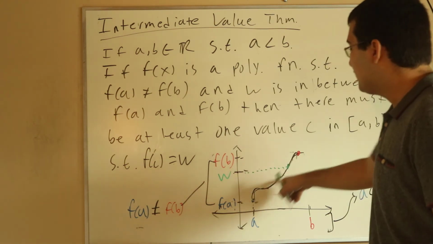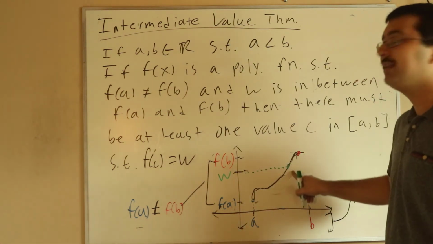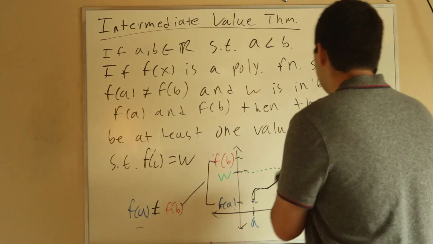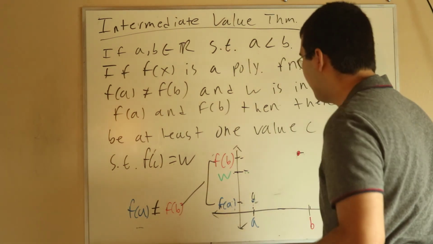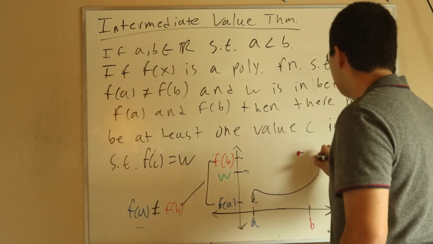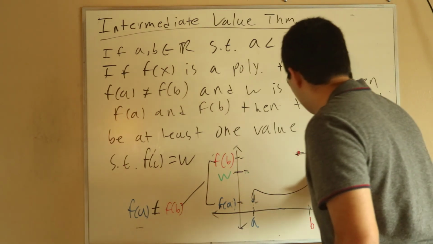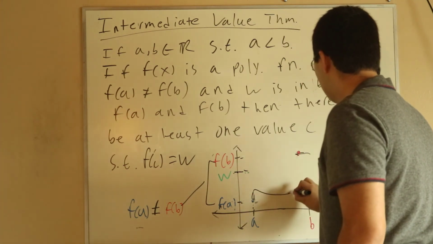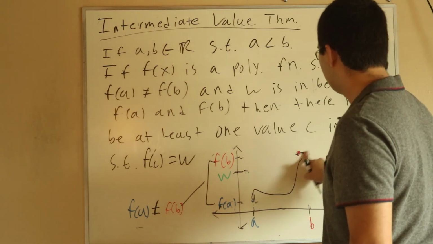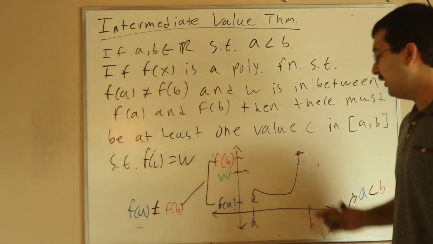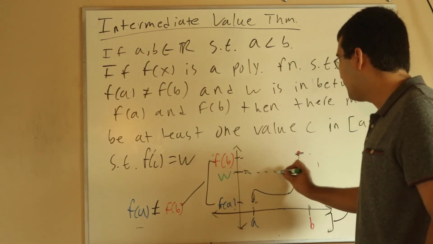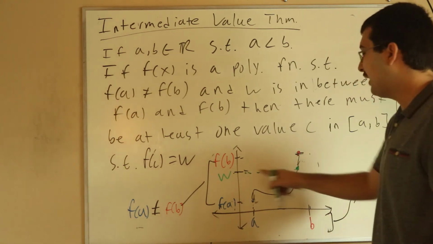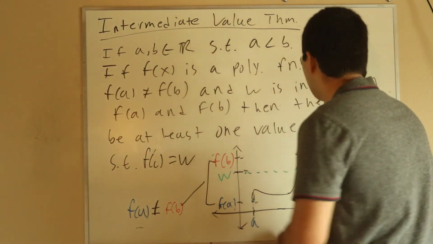So say the lines connect like this, then the point lies right there. Let's try drawing a different line then. I can draw the line like that. Ooh, can't draw it like that actually. I can draw the line like this. Here's another way to draw the line. But still, there exists a point that uses w. Let's try drawing it a third way.